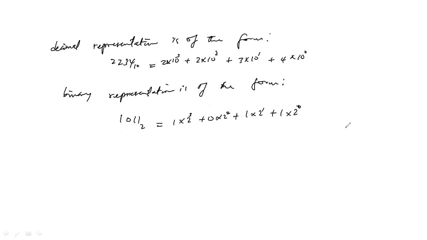So this will give us 11 this time. Binary to decimal and decimal to binary conversion is pretty straightforward. When we have 1011, this is equivalent to 2 to the power of 0, 2 to the power of 1, 2 to the power of 2, 2 to the power of 3, right?